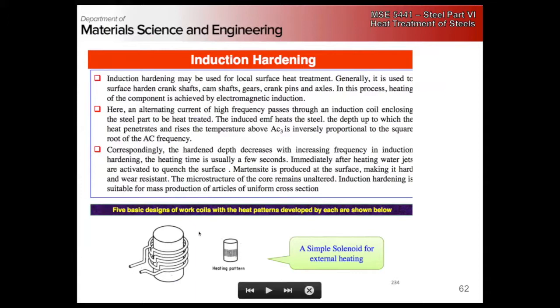Your magnetic field interactions tend to happen more at the surface than in the center. But the depth that you're going to heat is dependent on the frequency and the strength of the alternating field that you're using. So essentially, it's the same thing as flame heating, except instead of using flame, you're using induction.